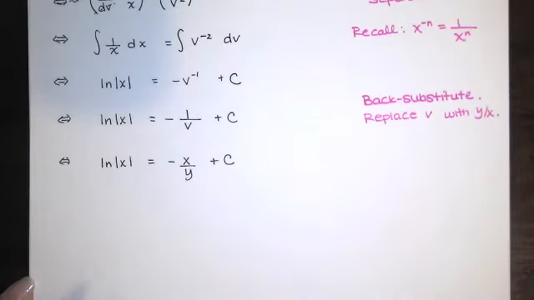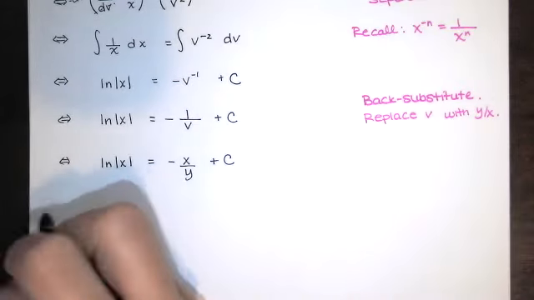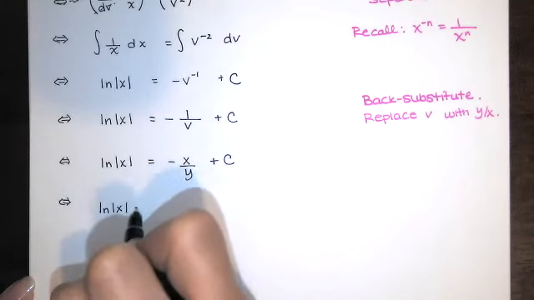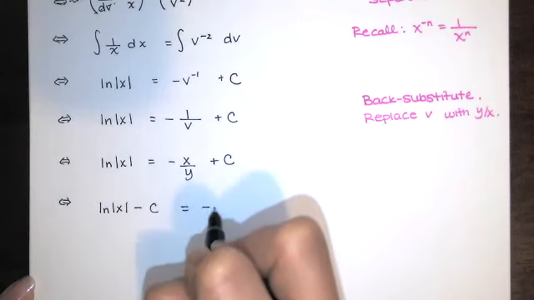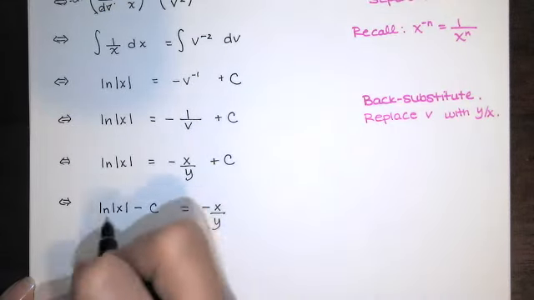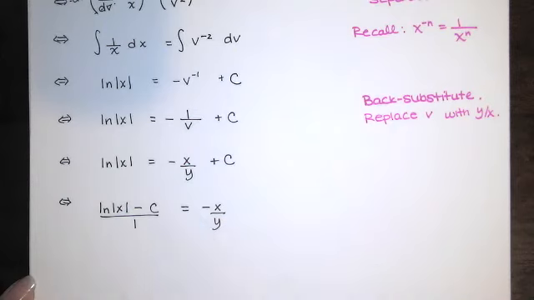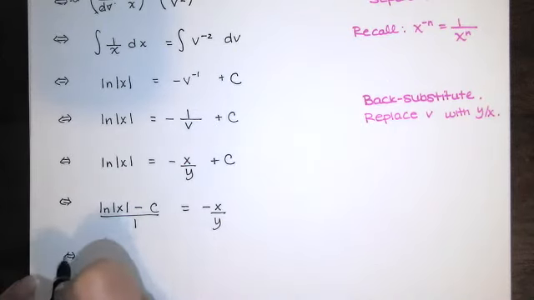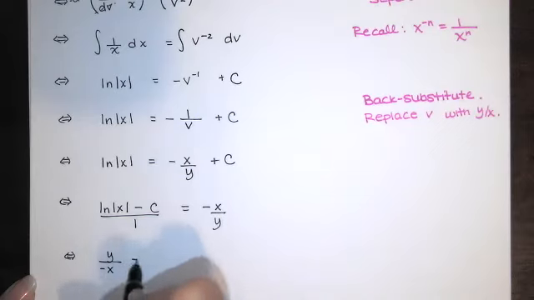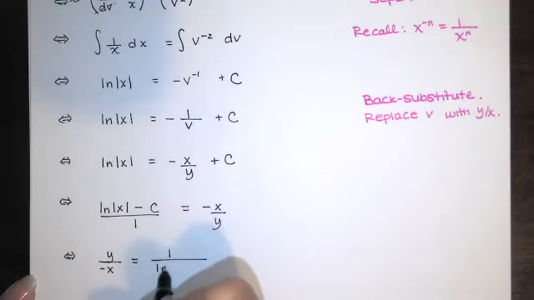And if I want to get y by itself, I think I'll just subtract this constant from both sides. And let's take reciprocals again because I want that y to be in the numerator. So I'll end up with y divided by negative x equals 1 over natural log of the absolute value of x minus c.